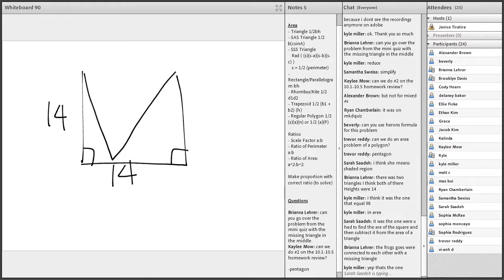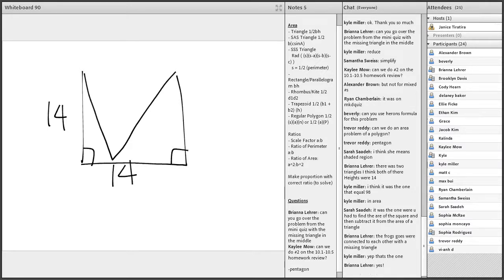Brianna and Sarah and Kyle were putting their heads together. Cool. So exactly what Sarah said, you have to do a subtraction problem. Here's why. I have no clue what this number is here. I don't know if that's 5 or 7. I can't just do 1/2 base times height. Unfortunately, I'm kind of stuck in that situation.